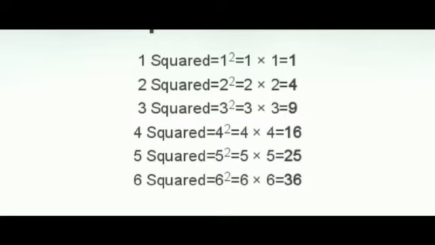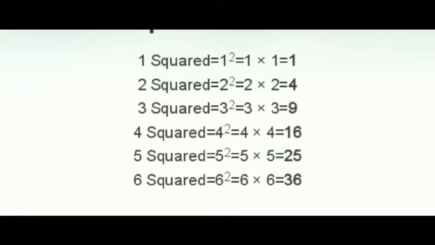For example, 2 squared equals 2 times 2 equals 4. 3 squared equals 3 times 3 equals 9. 4 squared equals 4 times 4 equals 16. 5 squared equals 5 times 5 equals 25.